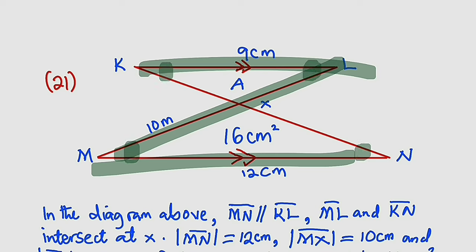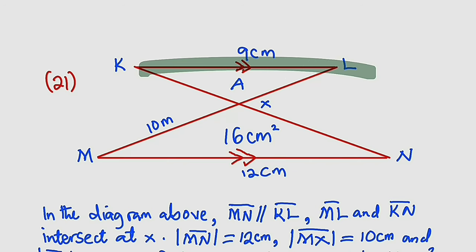Likewise, this angle must be equal to this one, and opposite angles are equal. So all their interior angles are the same. So it implies they are similar shapes. All right, if they are similar, we can use scale factor to find the area of the smaller figure here.